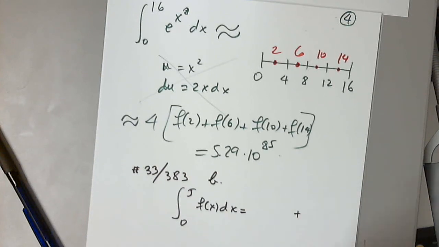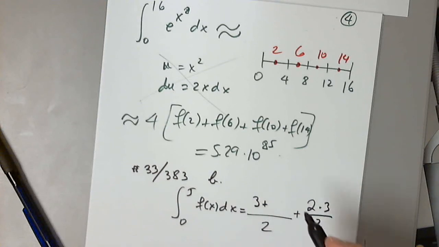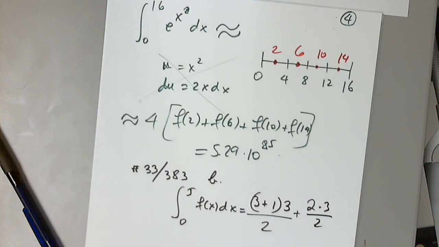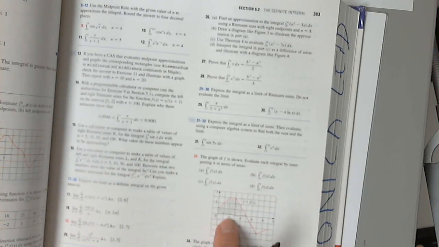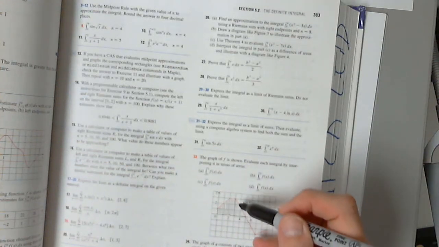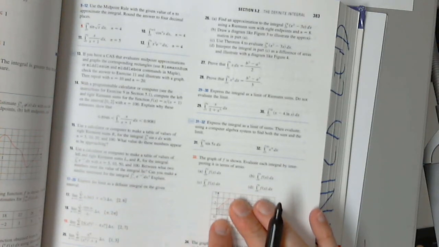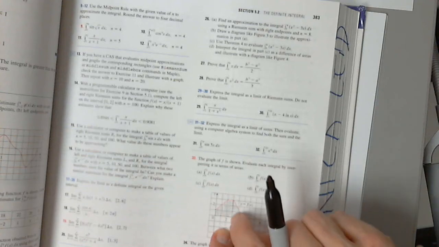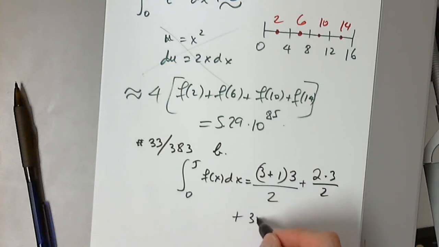I started with the triangle, 2 times 3 divided by 2. And the trapezoid, big base, which is 3, plus small base, which is 1, multiplied by the height, divided by 2. And then I also have this piece of 3 by 1.